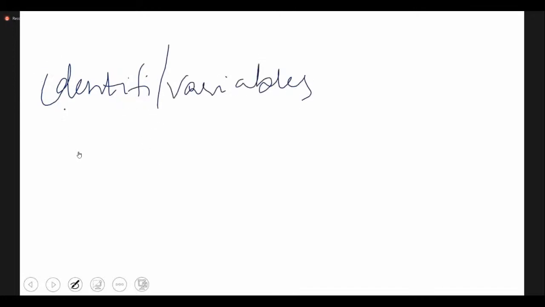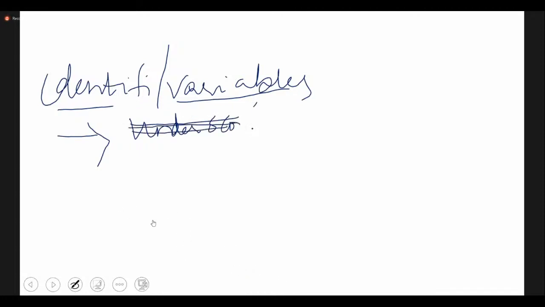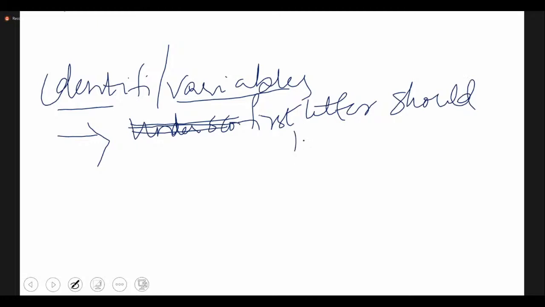So we have identifiers and variables, which almost fall in the same category. We have different rules for identifiers and variables. First of all, any identifier, the first letter can be either underscore, okay, we'll write: the first letter of an identifier should be an alphabet.